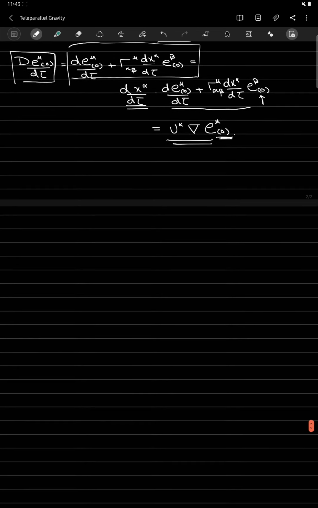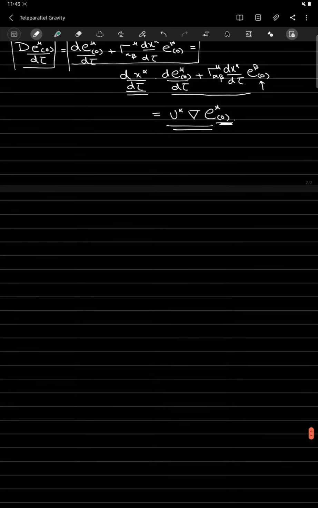Now let's look at a case where you say that your e a mu goes to delta a mu, in the limit where r goes to infinity. Then you have this thing that e a mu is adapted to stationary observers at space-like infinity, right?